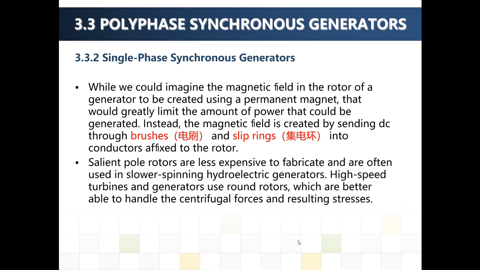Salient pole rotors are less expensive to fabricate and are often used in slower speed hydroelectric generators. The high-speed turbines and generators use round rotors, because round rotors are better able to handle the centrifugal forces and the resulting stresses.